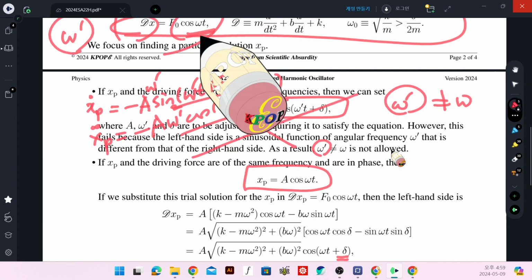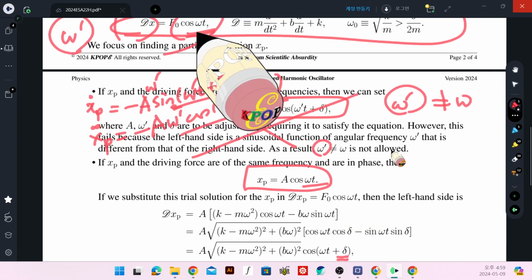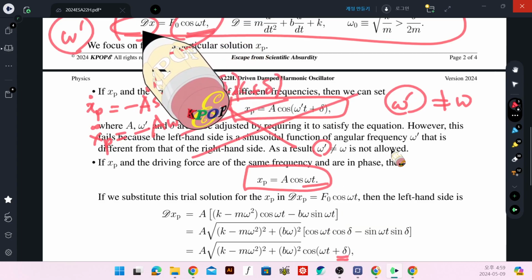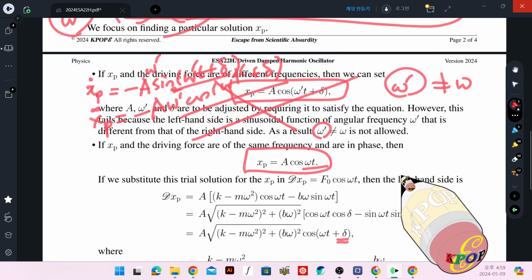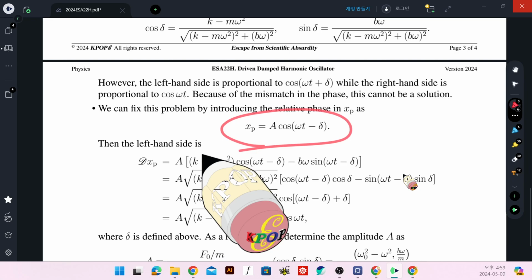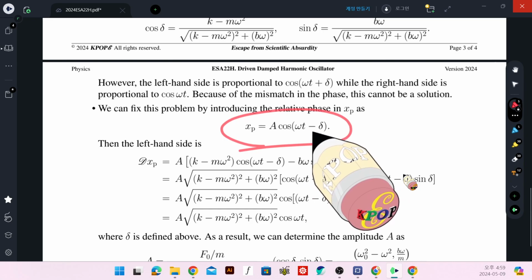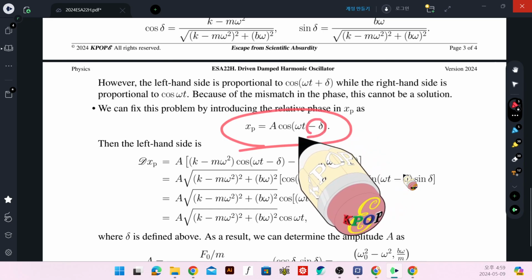Therefore, we expect that there must be some difference in phase between the driving force and the particular solution. So we make a final trial with the same frequency but a slightly different phase.